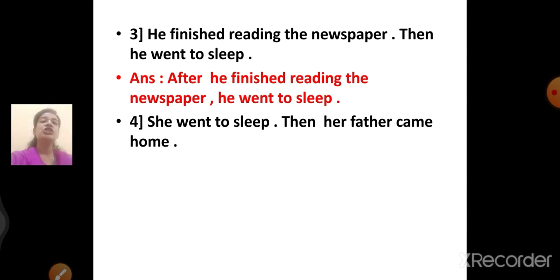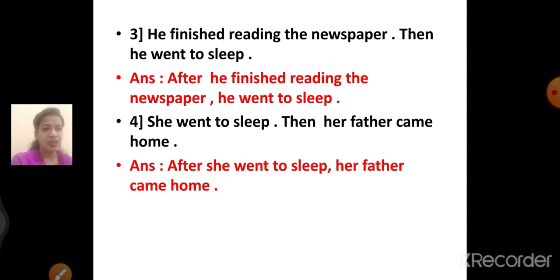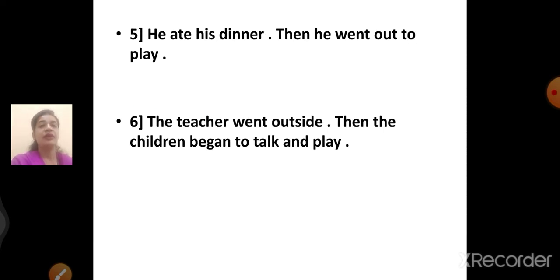Fourth one, she went to sleep, then her father came home. You're going to start with after. After she went to sleep, her father came home. Fifth one, he ate his dinner, then he went out to play.